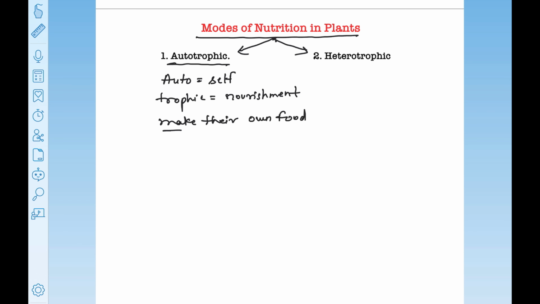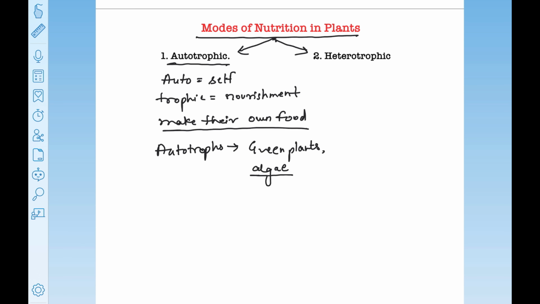And how do they make their own food? We will discuss it later. Okay. The plants that have this mode are known as autotrophs. Okay. And examples are all the green plants and algae. Okay. What are algae? That are present in water.